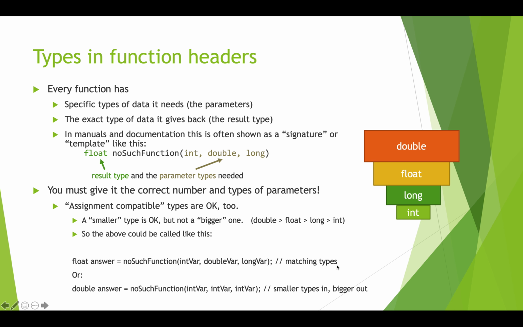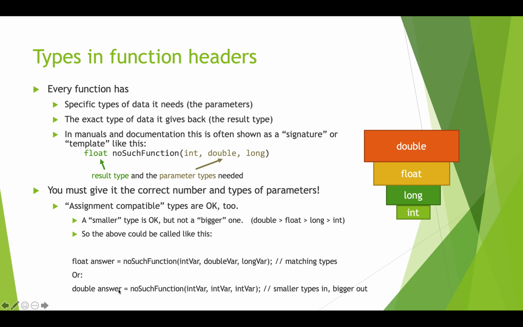All the types match. But you can also do these widening conversions. So we can pass an int var for all of these, even for the double and even for the long, because ints are smaller and they can be automatically converted into a double or into a long. So it's okay to pass smaller types in as parameters.